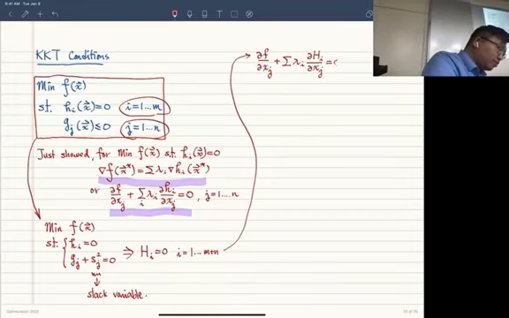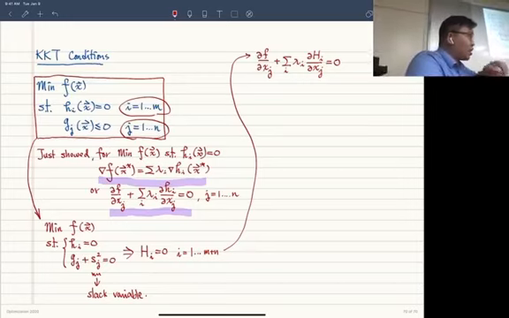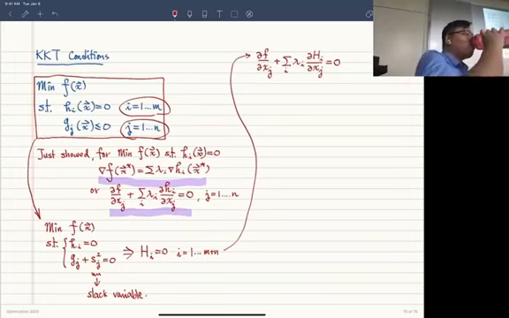This must be zero. Right? Because this is what we had earlier, and we wish our optimal solution to satisfy this. Okay, and we just showed our optimal solution will satisfy this.